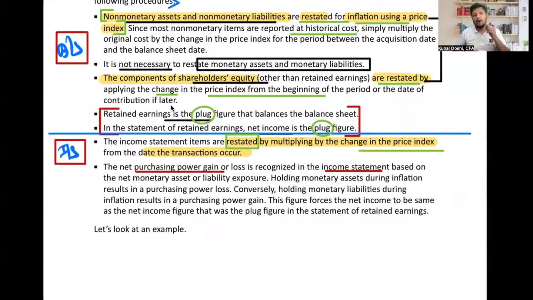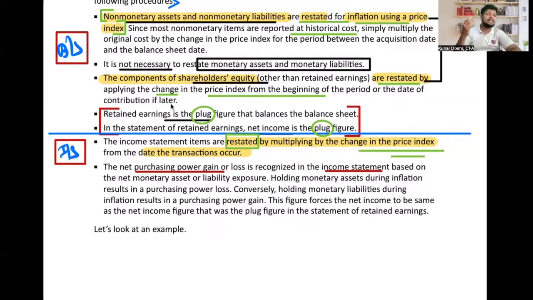Clear? Also, in the net income, remember we use the average rate. All right. So the income statements are restated by the price index because we use the average rate and the current hyperinflation rate might be very different. Okay. So this is where we need to do the restatements. No one in the exam is going to ask you to do all the restatements one by one.